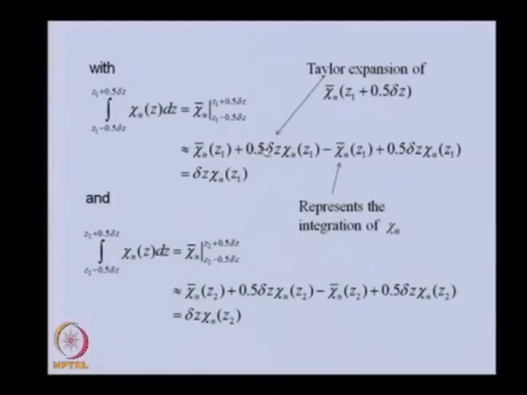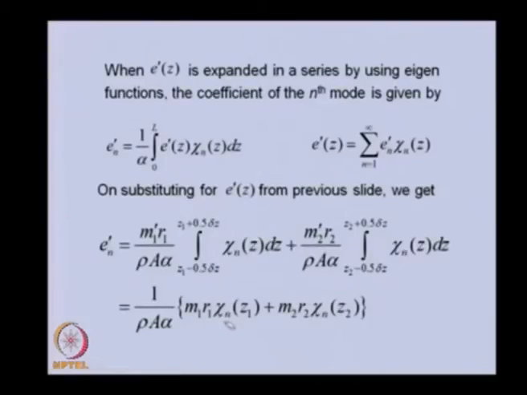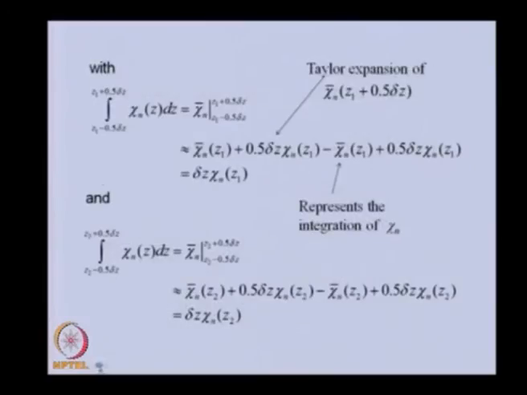Once we expand this function for these two cases up to the first derivative, we will get these two terms, and this will get cancelled, and the second and fourth terms will give us this. Similarly for the second integration we will get this, which we have substituted in the previous expression. So basically these are the quantities which we obtained from here.